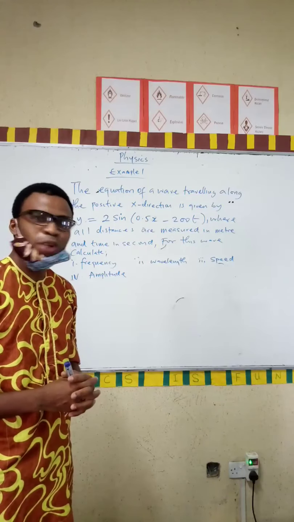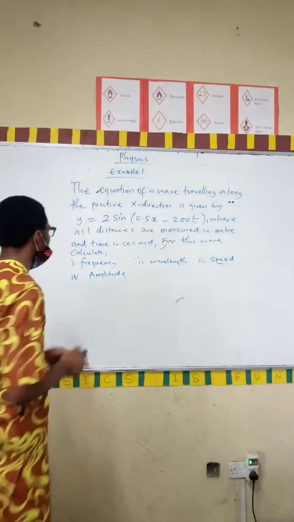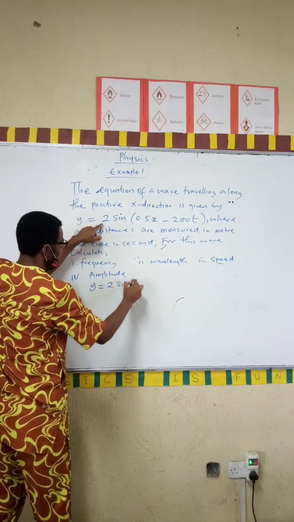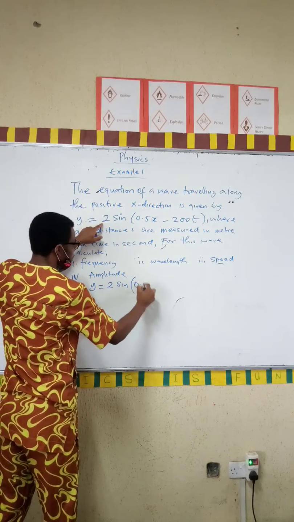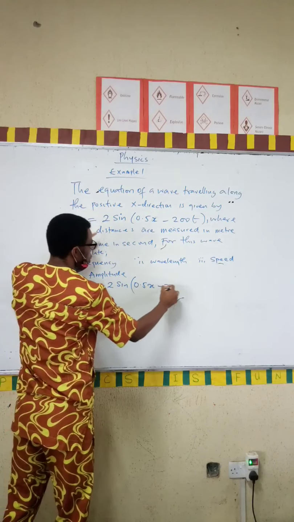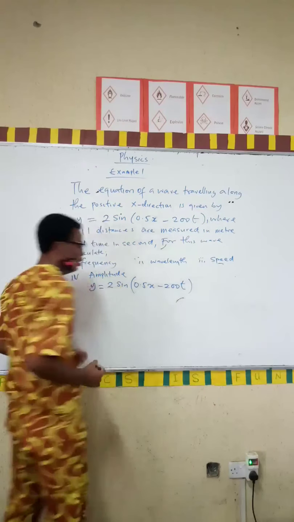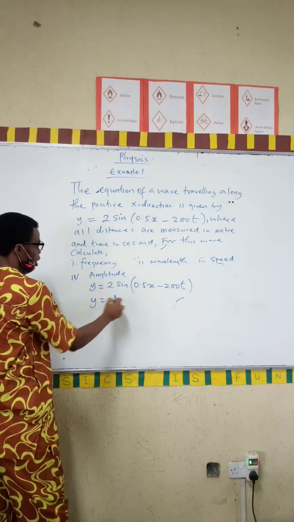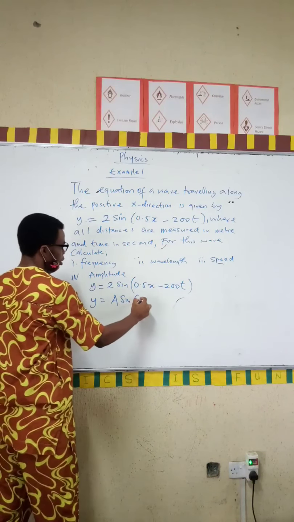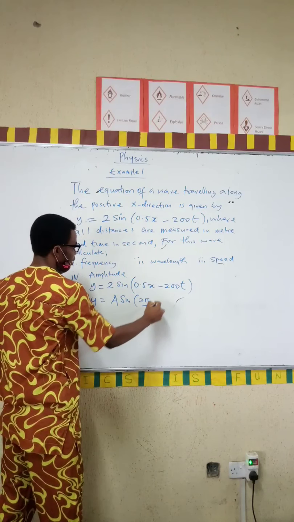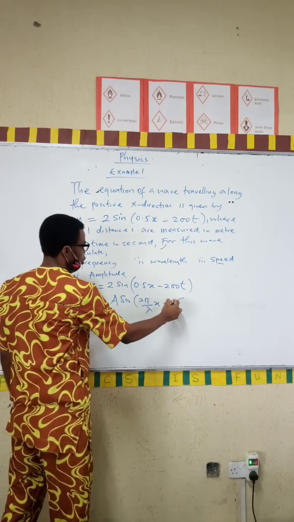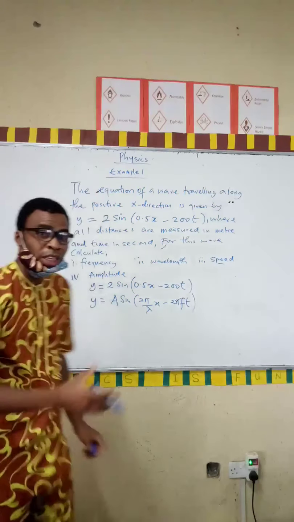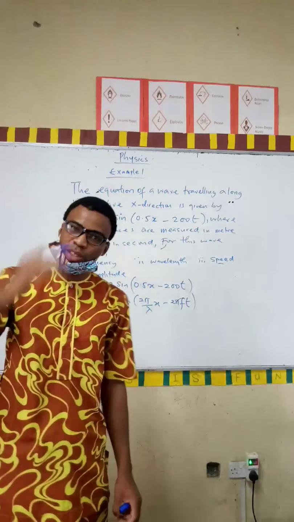Y = 2 sin(0.5x − 200t). I'm going to compare it with the standard equation A sin(2 pi over lambda x − 2 pi f t). You can take any of the equations I gave you, equation 1, 2, 3, or 4. You can work with any of them.